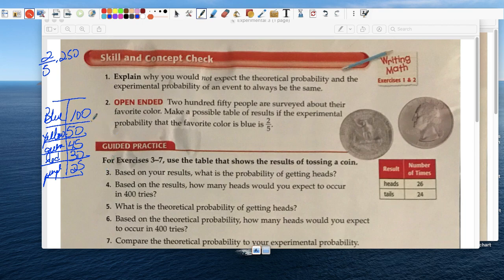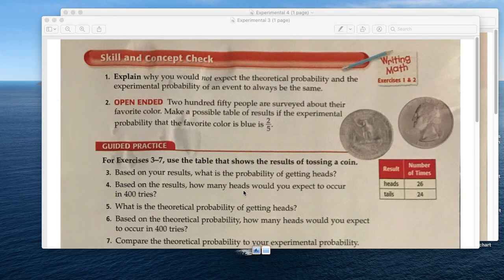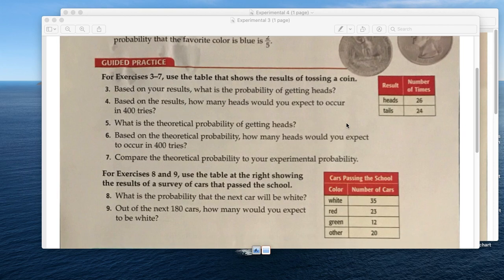So that totals 250 and 2/5 of this selected blue. So 100 out of 250 people selected blue as their favorite color. And that simplifies to 2/5. Okay, so very silly table. You could create it. You don't have to. Oh yeah, actually, forget what I just said.